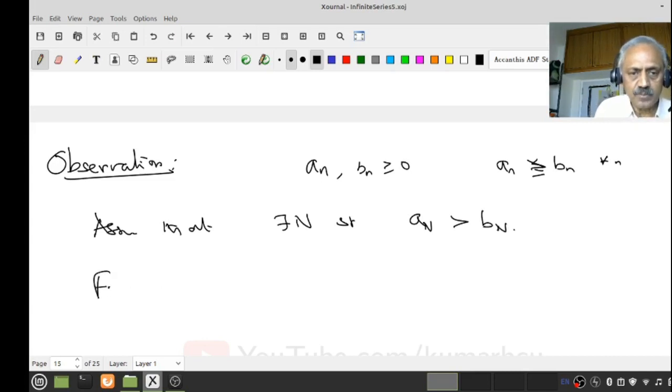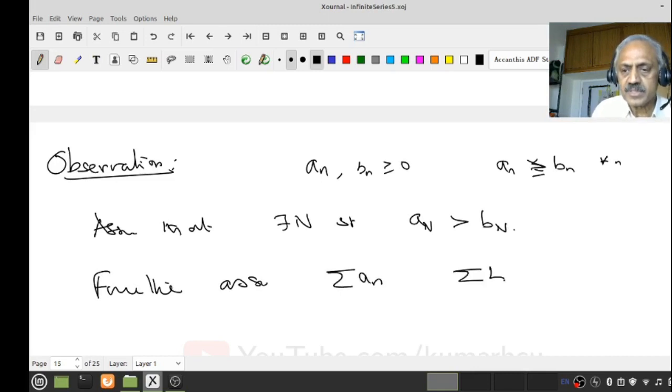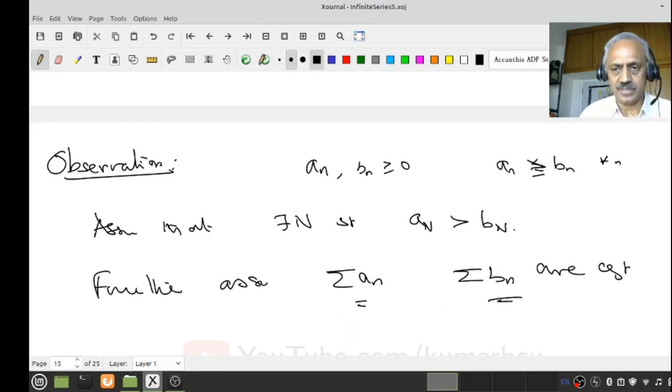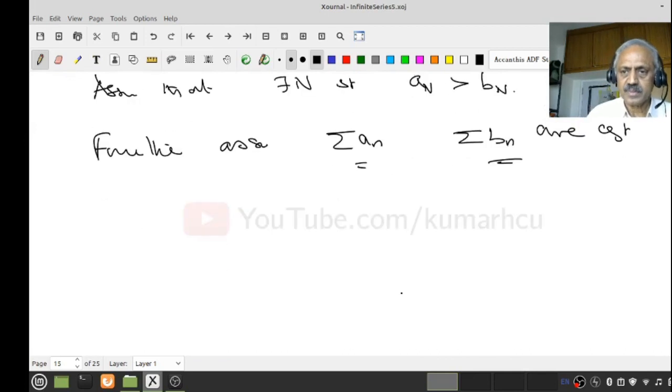And further assume the infinite series of a_n and the infinite series of b_n are convergent. Notice that if I know one is convergent, by the comparison test the other will also be convergent. That will be automatic, right?